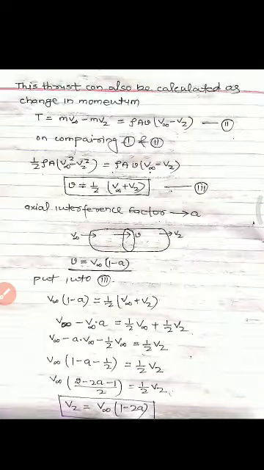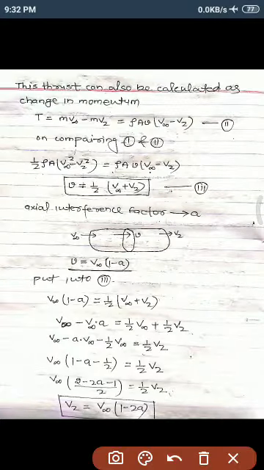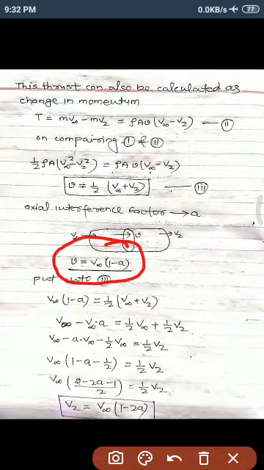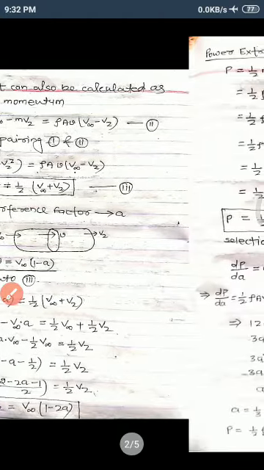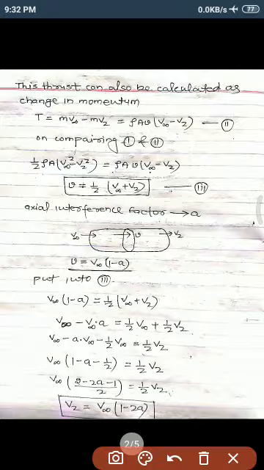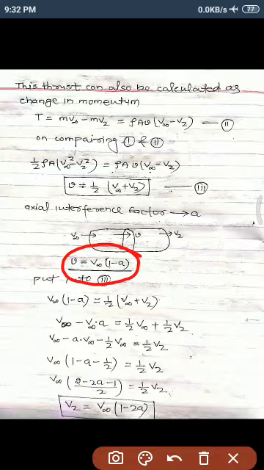When the value of A becomes 1, the value of small v will become 0. 1 means total blockage of the wind. In this case, if the velocity at the turbine becomes 0, there would be no power. And in the case when the value of A is 0, then small v will be the same as V infinite, which means there is no conversion of energy.